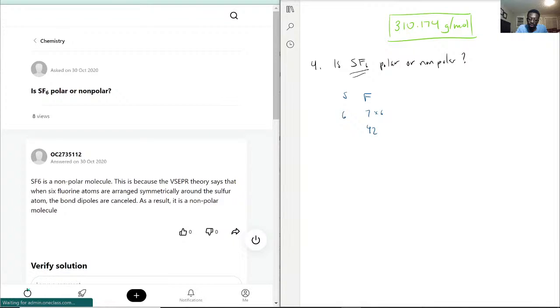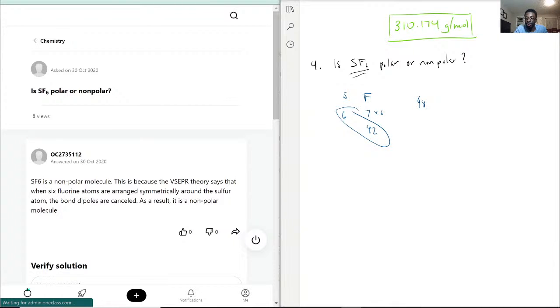So between the 6 and the 42, we have 48 electrons to account for. That is quite a lot. So let's go ahead and get things moving. Yeah, so 48 electrons. Now let's see what we do.